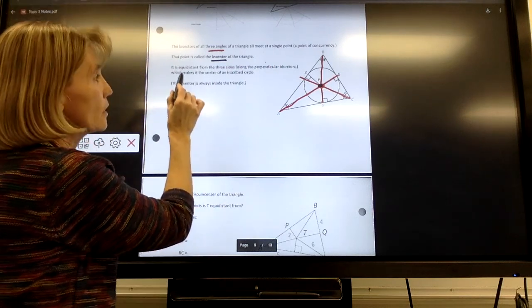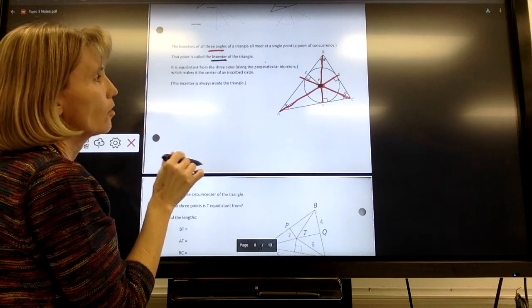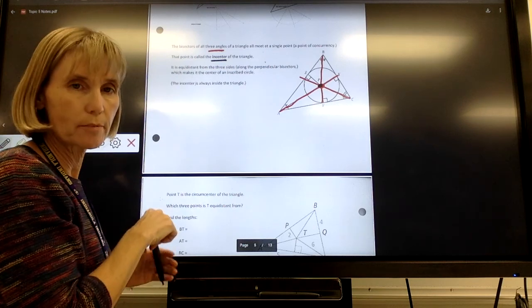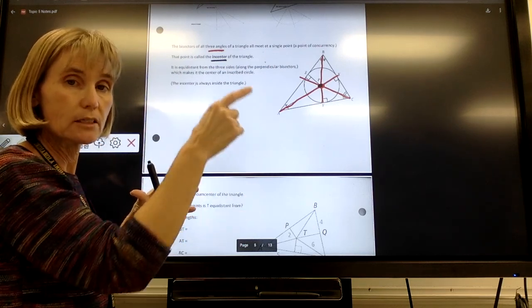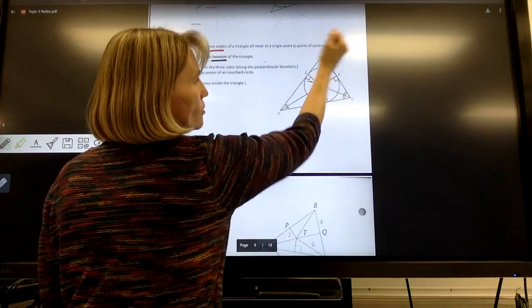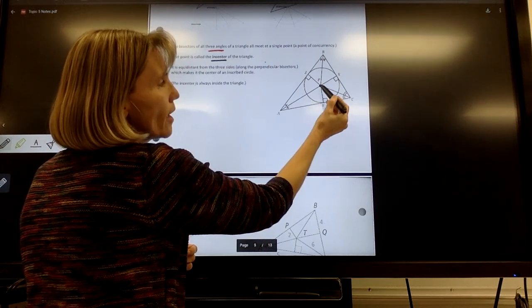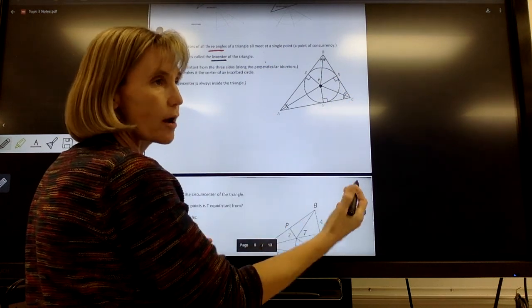And that incenter is equidistant from the three sides, which makes it the center of an inscribed circle. The circumscribed circle was outside of the triangle, and it touched the vertices of the triangle. When we inscribe a circle, we're going to put our compass point on that incenter, and we're going to draw a circle inside of the triangle. That's why it's inscribed.